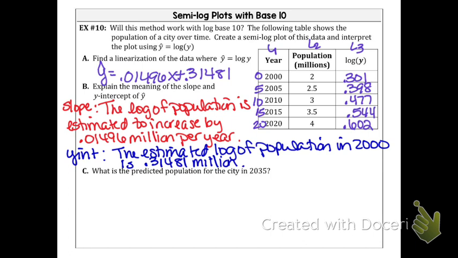All right, and C says what is the predicted population for the city in 2035? So we're just going to go plug in 2035, which would be where T would equal 35.